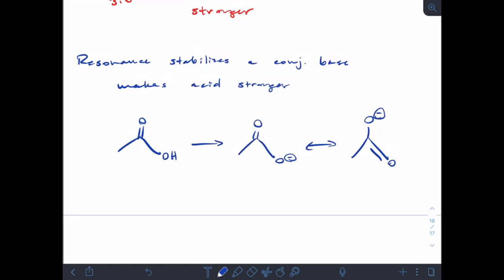And that sort of shares the load of that extra negative charge. If that negative charge had nowhere to go, it would want to take care of that negative charge by grabbing onto a hydrogen, right? But because the negative charge is shared between two bonds, it has less of a reason to grab onto a hydrogen to stabilize itself.